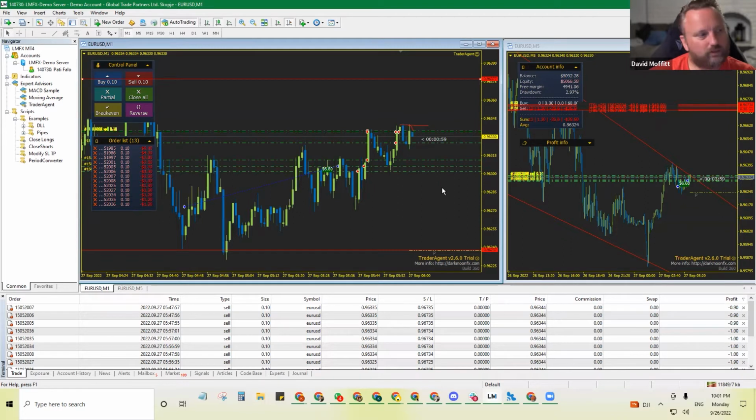Because when it's trading like this, you've got to be a sniper right now. You've got to snipe your trades, and if you can snipe your trades and go a little heavier, you'll actually start making some money here.